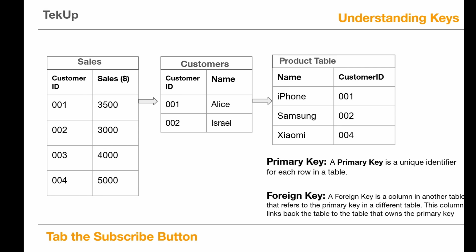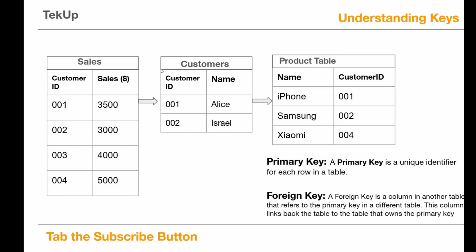When they call 001, customer 001 will simply walk down to pick up his or her package. Customer 002 will simply walk down to pick up his or her package. So no two customers can have the same customer ID because this customer ID is a unique identifier for the customers.